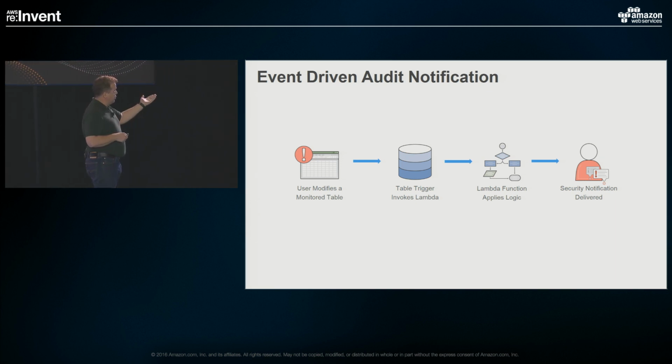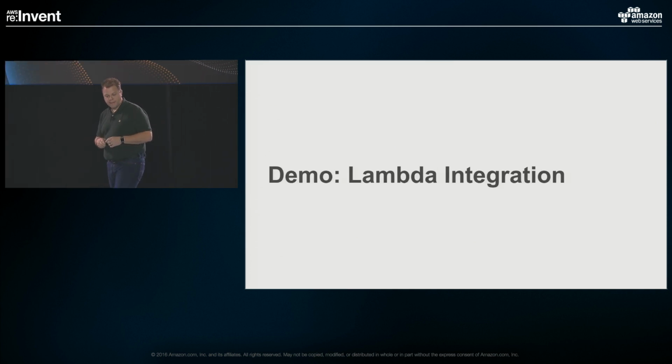And so what you can do is put a trigger on that table in Amazon Aurora, and when that trigger is fired, it can invoke that Lambda function, which can then notify you or take any sort of custom action. So let's take a look at a quick demo here about Lambda integration.